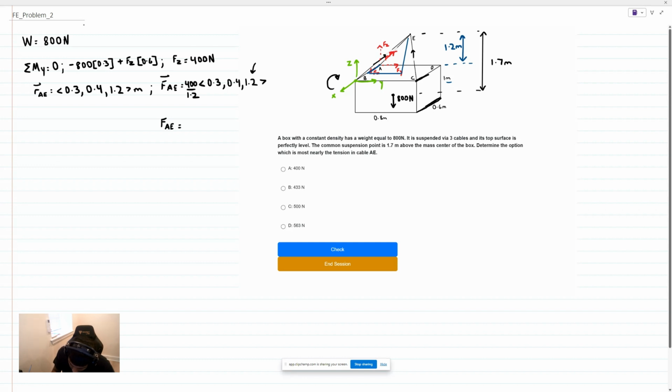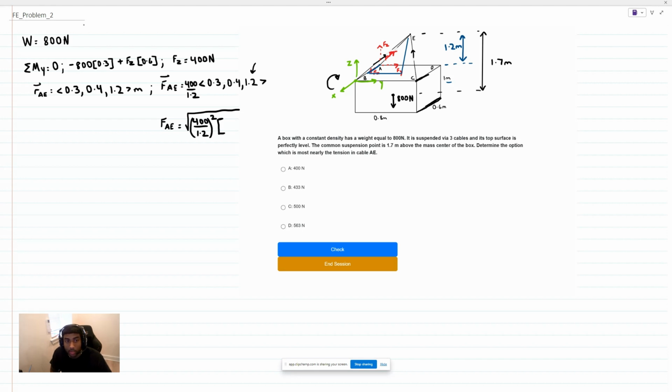FAE is equal to the square root of the sum of the squares of those components. The 400 over 1.2 ratio is a common term which can be taken out. And we still have that 3, 4, and 12 to find the magnitude of. The 3 and 4, it's called a Pythagorean triple, right? A 3, 4, 5 triangle.